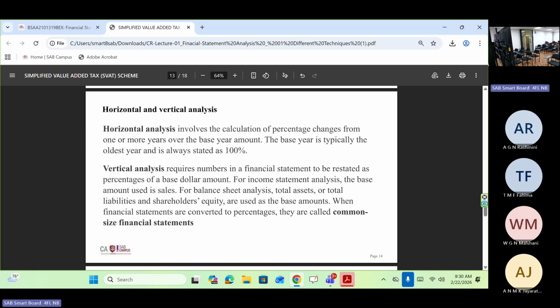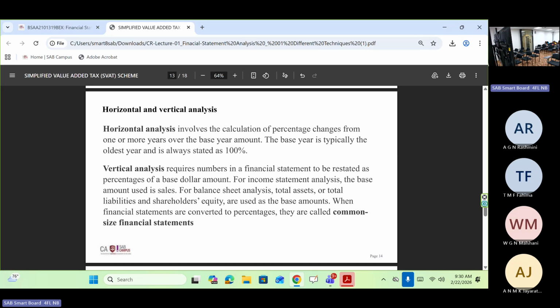Horizontal analysis means after getting these numbers, you are comparing with some other years. This way you are comparing. Right? That's horizontal analysis and vertical analysis. Once you are doing common size financial statements or ratio analysis, normally you are practicing horizontal and vertical analysis.